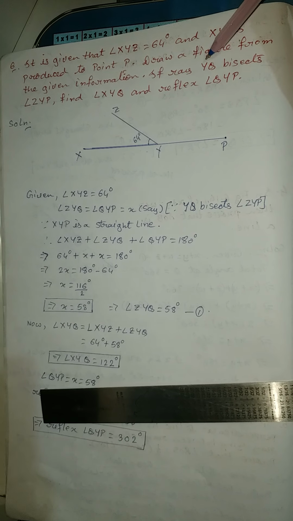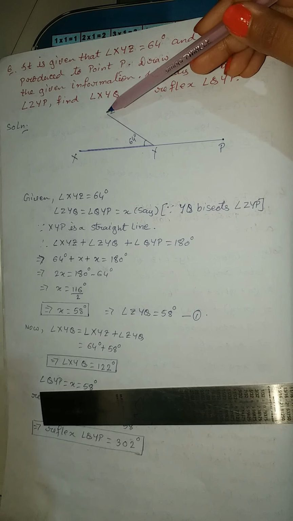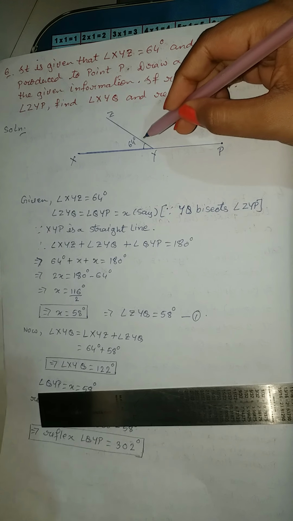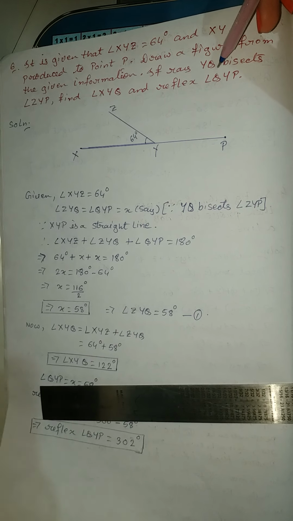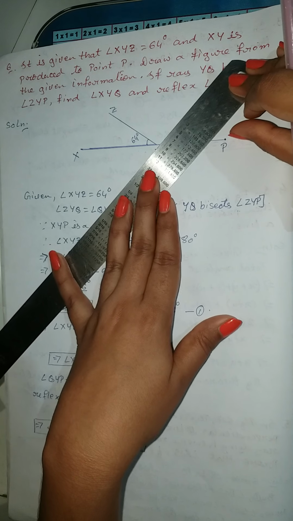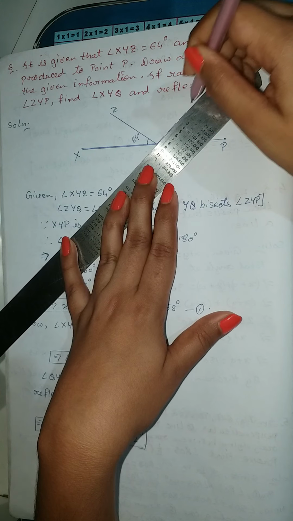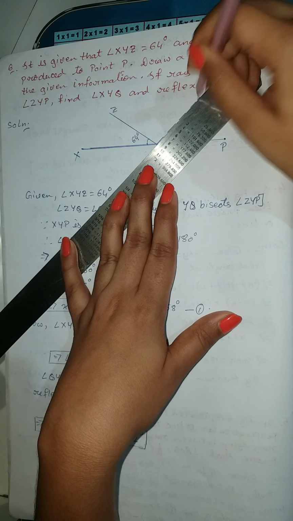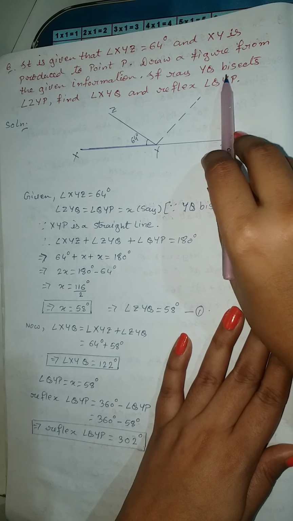If ray YQ bisects ZYP, where is ZYP? So this particular angle will be bisected by YQ. Bisected means divided into two equal halves. So here also I'll be drawing one line. It is the bisector, and the name of the ray is YQ.